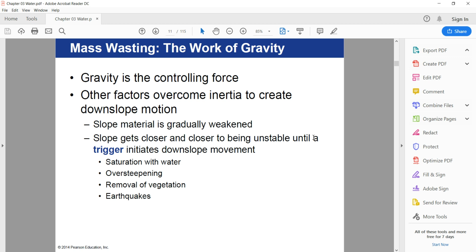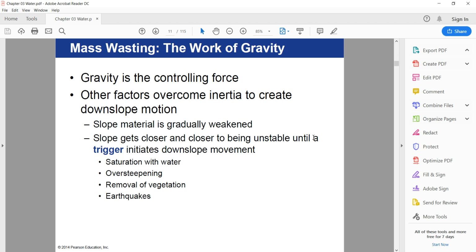Gravity is the controlling force in mass wasting. So remember that gravity is the main force, because everything is pulled downwards. It's just a natural force which is acting on everything, trying to pull everything downwards toward the surface.